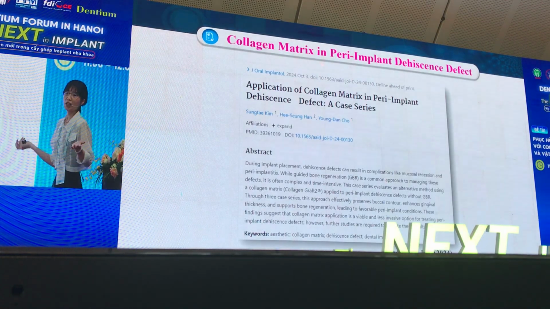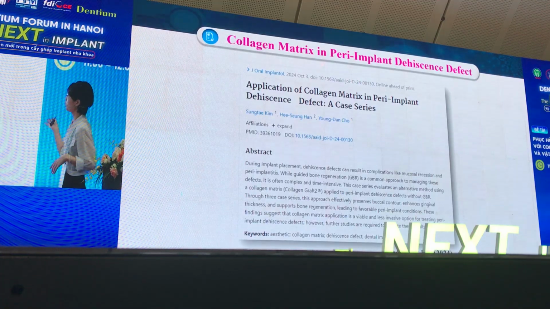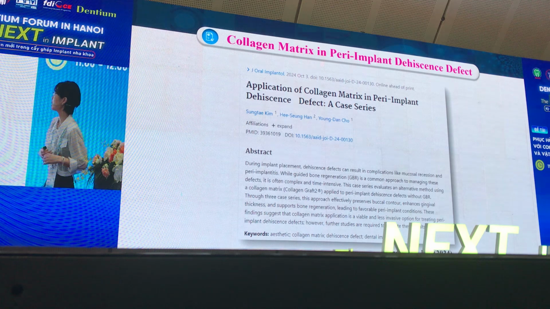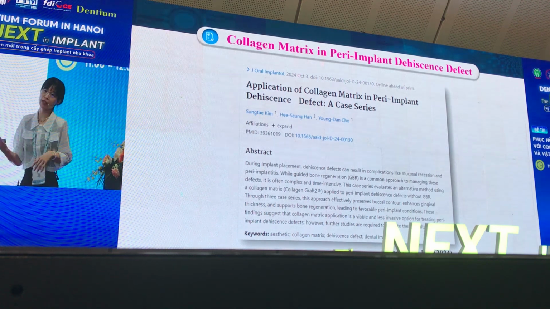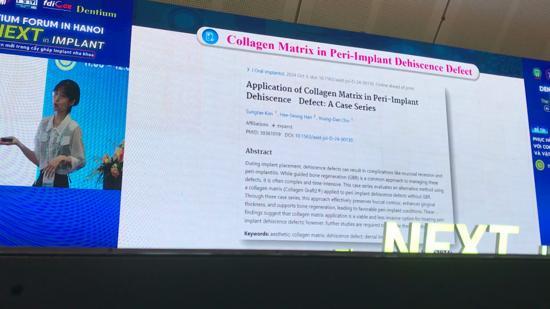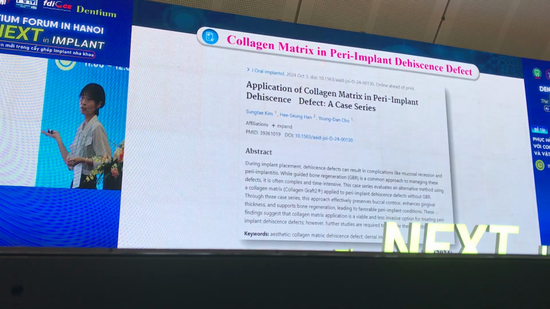There are many cases about using the collagen graft in the focal distance impact. In our department, we published about that. So if you want to know in detail, you can search these papers.